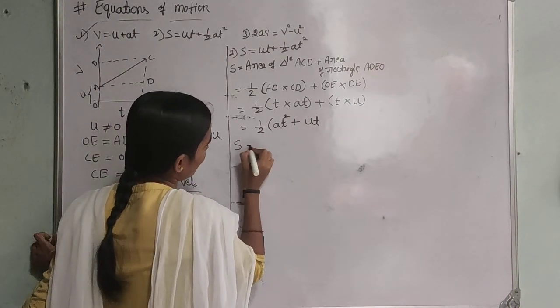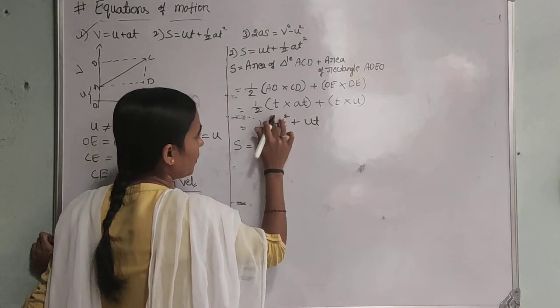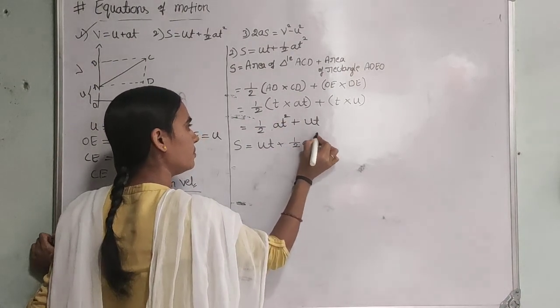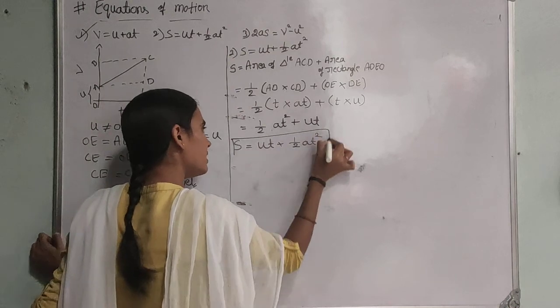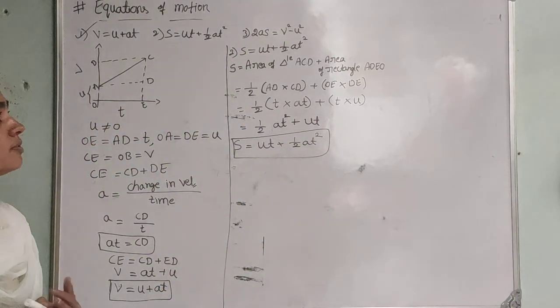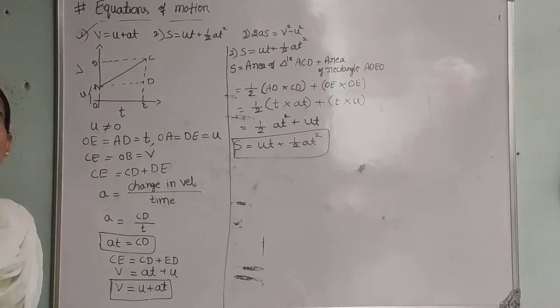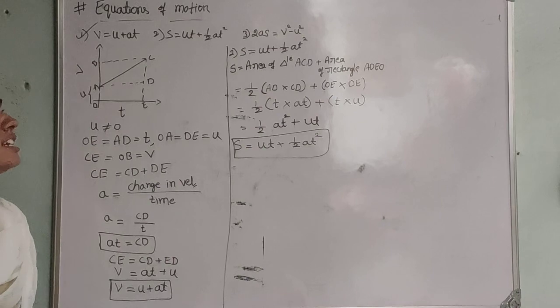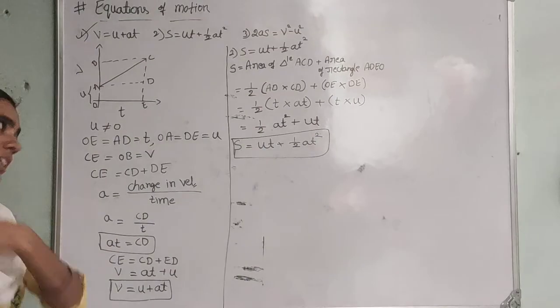So s is equal to ut plus half at square. This is our second equation. By taking the area of the triangle and the area of the rectangle, we derived the second equation, that is s is equal to ut plus half at square.